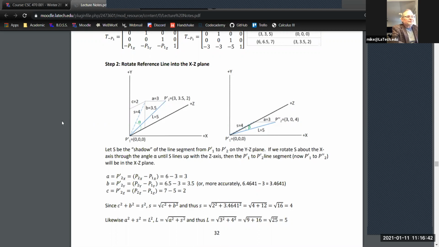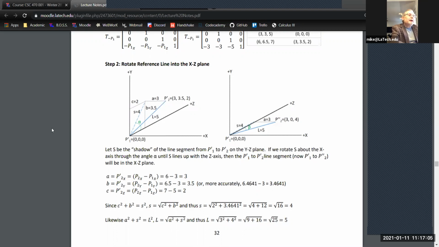And so L is the square root of A squared plus S squared. A is 3, S is 4, 3 squared is 9, 4 squared is 16, 9 plus 16 is 25, the square root of 25 is 5. So that gives us a beautiful little 3 by 4 by 5 triangle, okay?